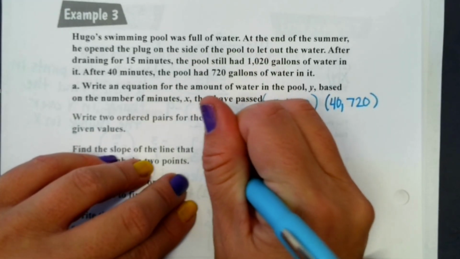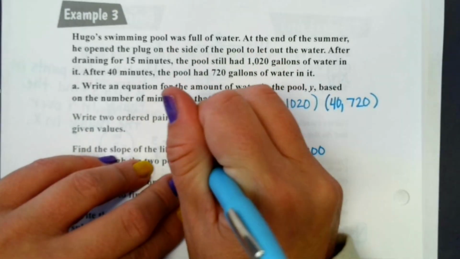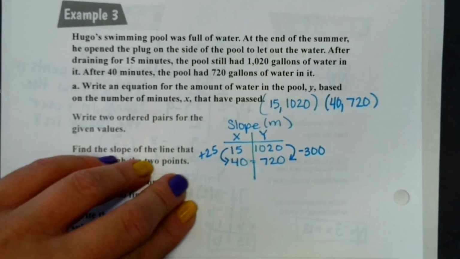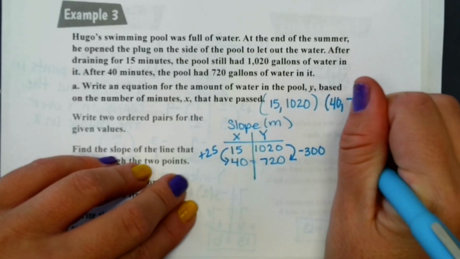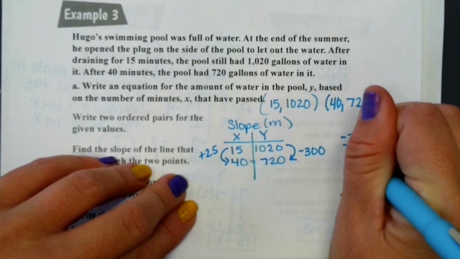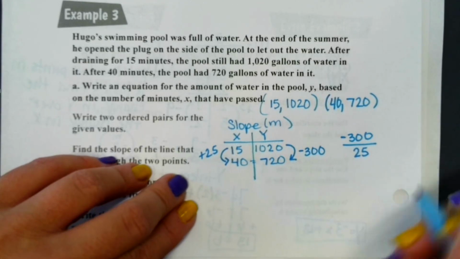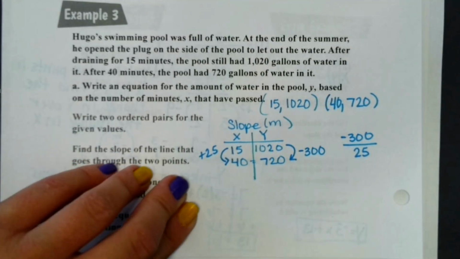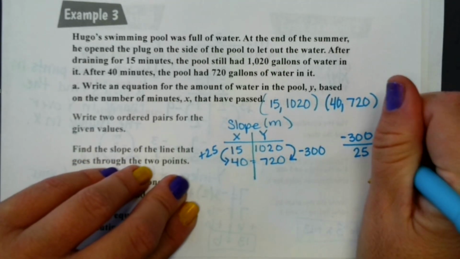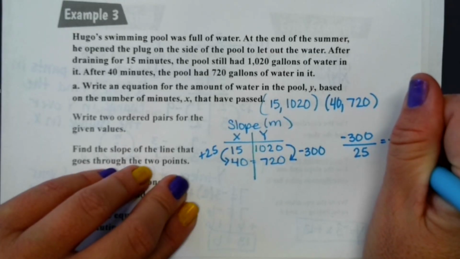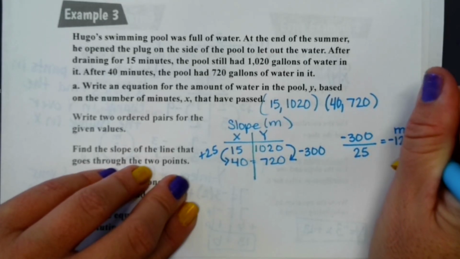How did you get from 15 to 40? Okay, now take your change in y. What was your change in y? Over your change in x, which was? Can that be simplified? Yes, I divided it. What's it simplified to? Very good. This is my m.